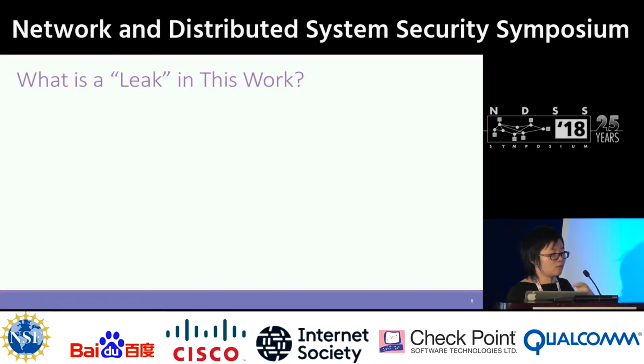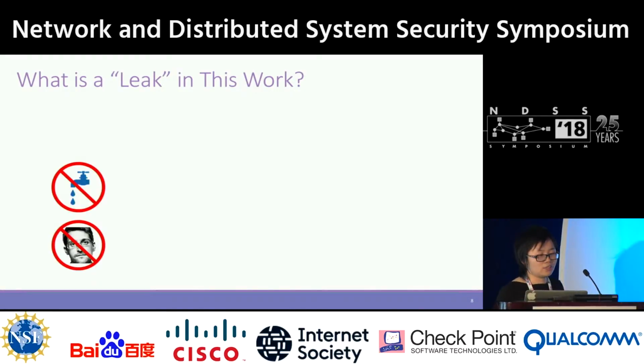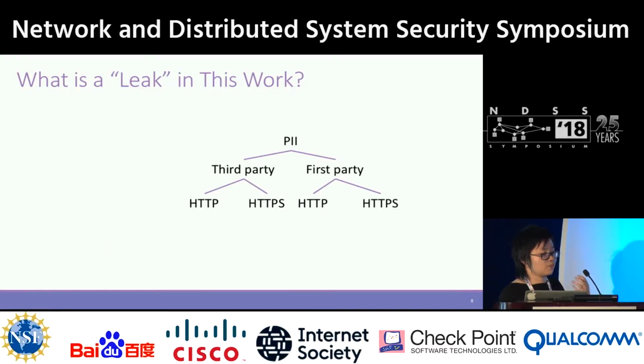So by leak, what I mean is not water leak or leak of classified information, but like water leak, what we are trying to understand is when information is leaked from the device to the outside world. Specifically, we are referring to any information that is sent to first or third parties through encrypted or plain text channel.